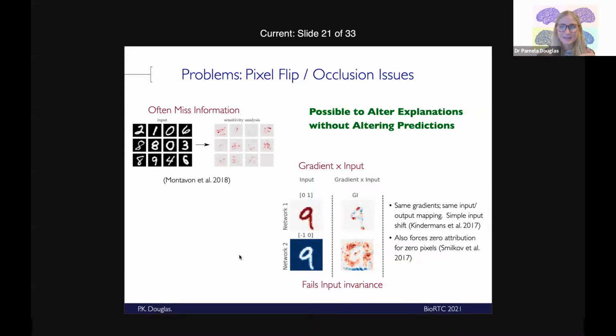However, the relevance or the heat maps where we would like to interpret the data are changed. So in this sense, it's possible in many cases to alter the explanation without altering the predictions. So that's a little bit problematic if different parts of the image can be, in theory, used to make a prediction. It's hard to converge onto something that we can actually interpret. There are some methods that do averaging across lots of trials, and those seem to work better, but it's still sort of a nascent field in many ways.